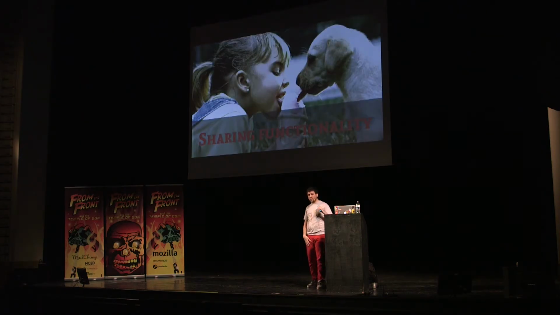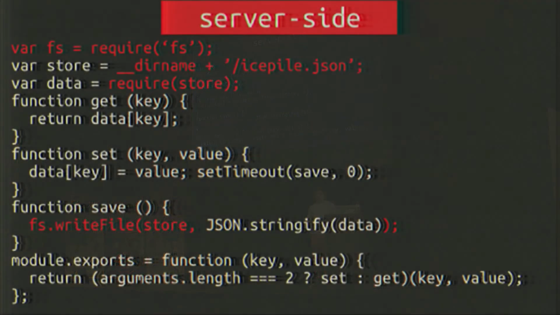So you're also able to share functionality, and that's another great part of using browserify. For instance, if on the server side you have some implementation that uses the FS module, which allows you to read and write stuff from the file system, you don't really have access to that on the client side.